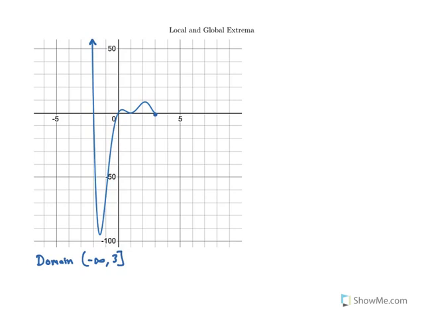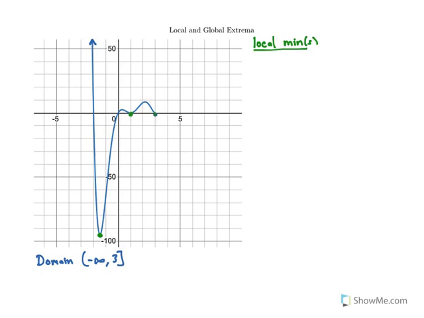So let's identify here the local extrema. Let's do the local min first, or local mins, as there may be more than one. Local mins are going to be the bottom of valleys, or points where everything around it is bigger than that value.